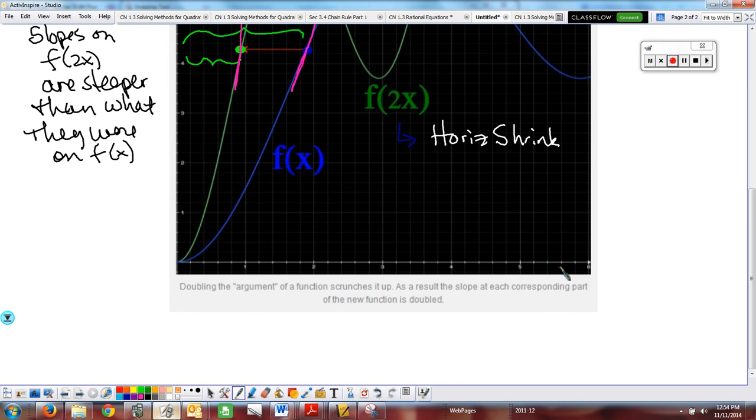But when we introduce this 2x change, we're turning the treadmill on. The 2x is going to cause us to move through the x values twice as fast as we were originally. We will get to 1 sooner than we would have gotten to 2.